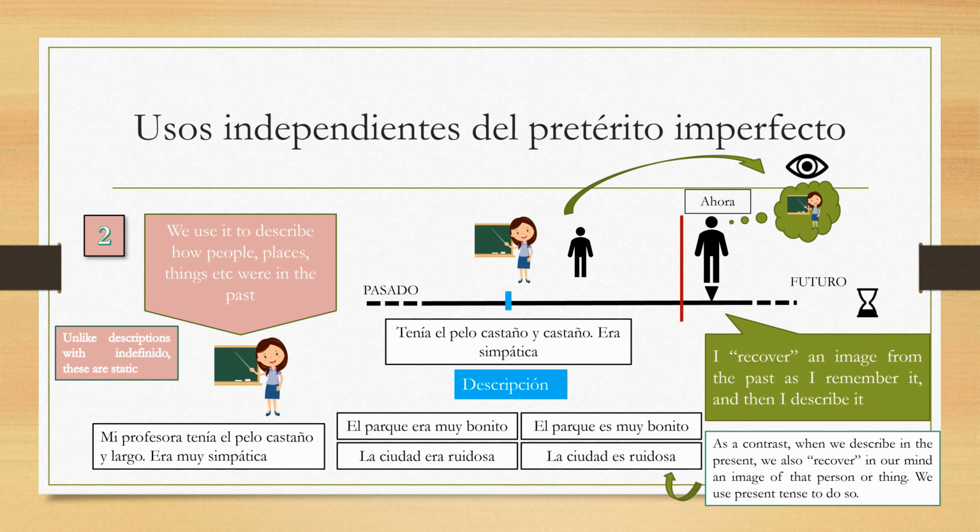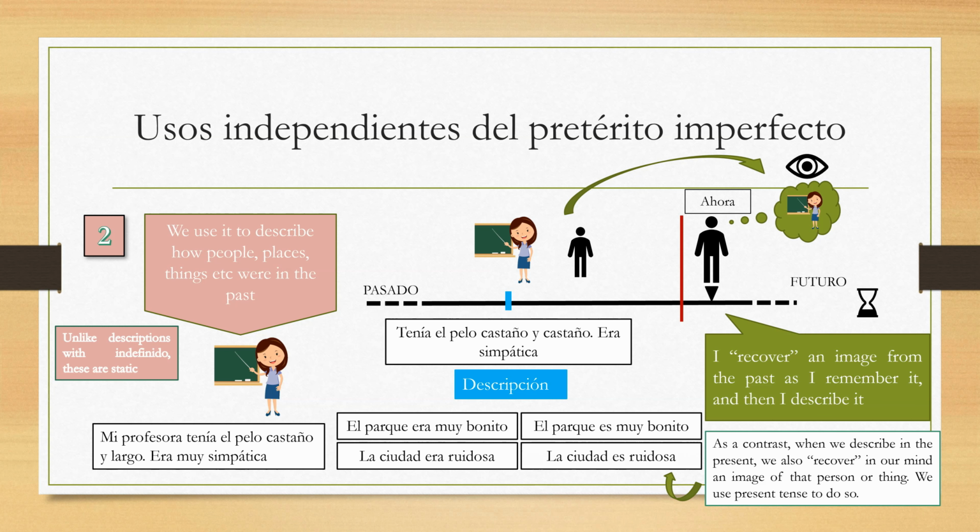With pretérito imperfecto, I'm not describing actions. I'm describing people. I'm describing places. I'm describing things, both as physical descriptions and as personality, for example. And of course, because we are describing, we are using verbo ser, era.